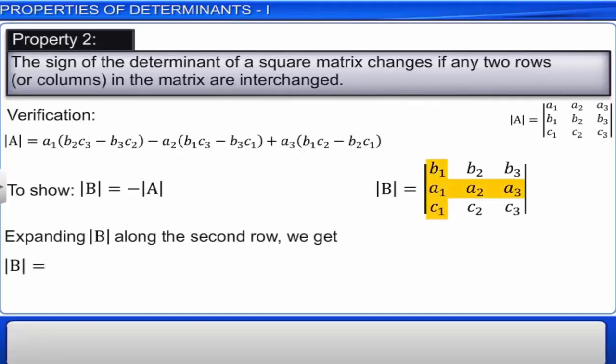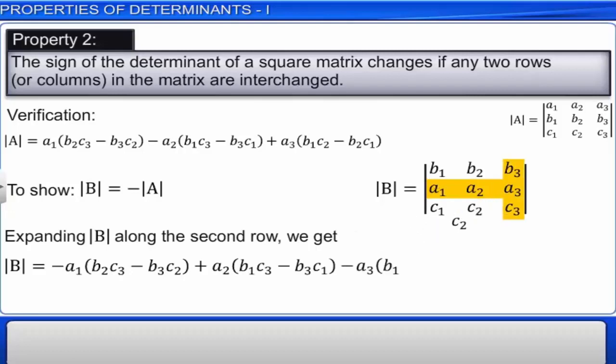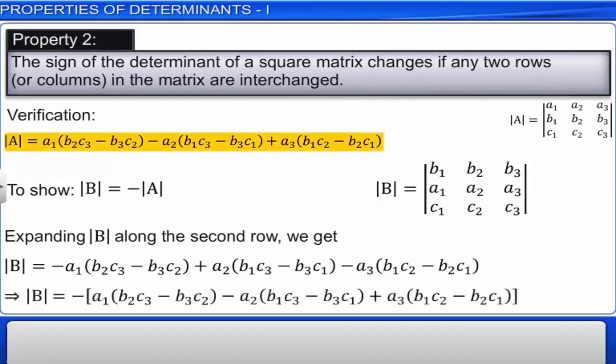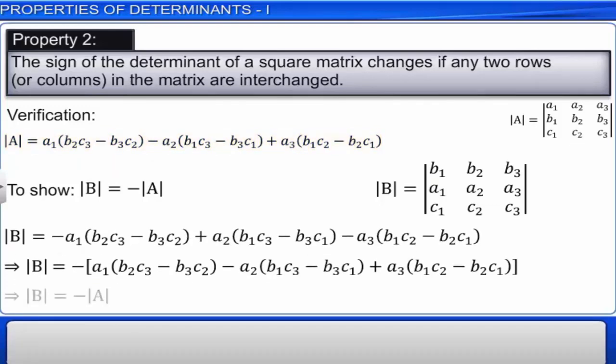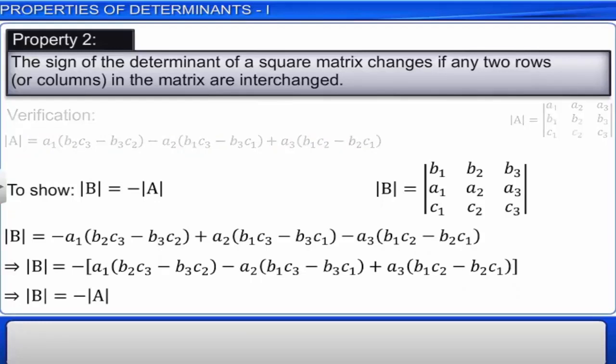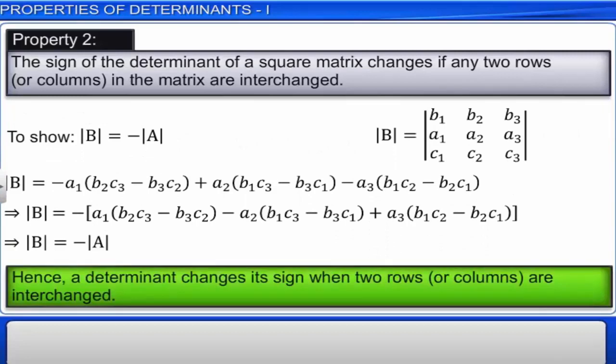We get minus of A1 times of (B2 C3 minus B3 C2) plus A2 times of (B1 C3 minus B3 C1) minus of A3 times of (B1 C2 minus B2 C1). Observe that this is the expansion of the minus of determinant A. Thus we have determinant of B is equal to minus of determinant of A. Hence we can say that a determinant changes its sign when two rows or columns are interchanged. This verifies the property.